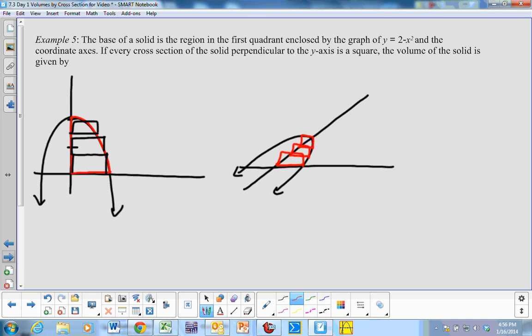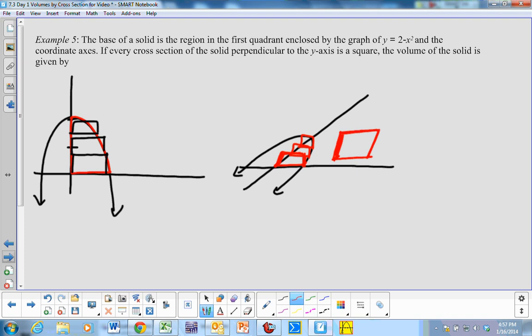And this time your width is going in this direction. So imagine it being wide this way, going along the y-axis for your picture. And so here's your shape. The width is going along the y-axis.